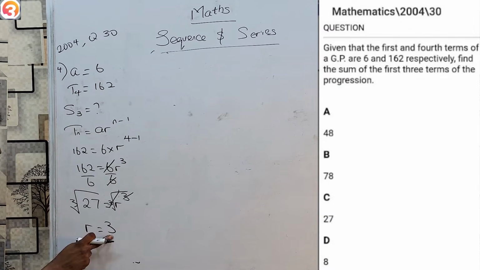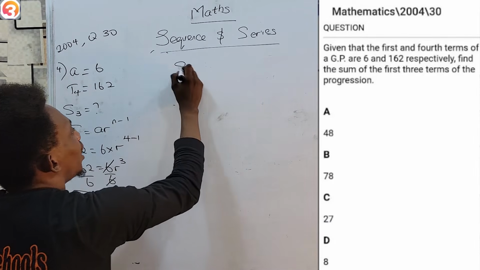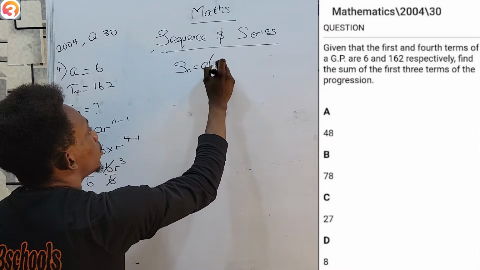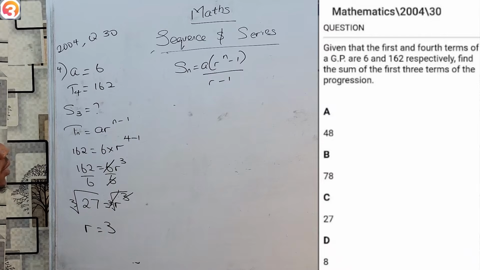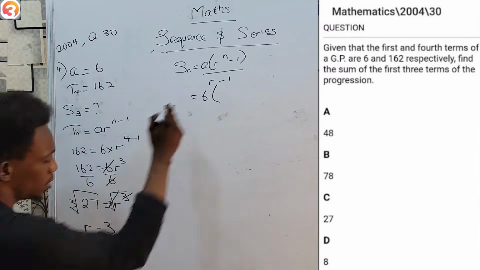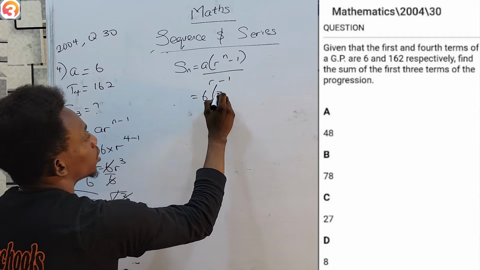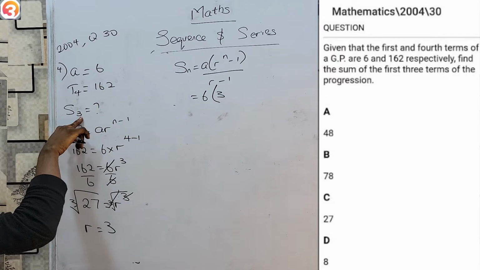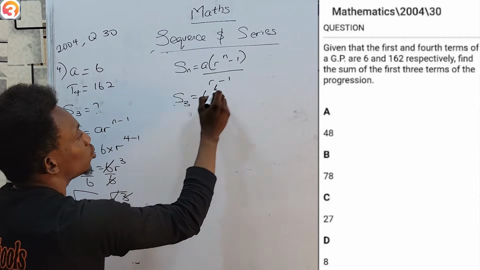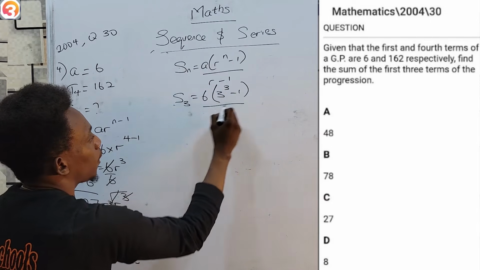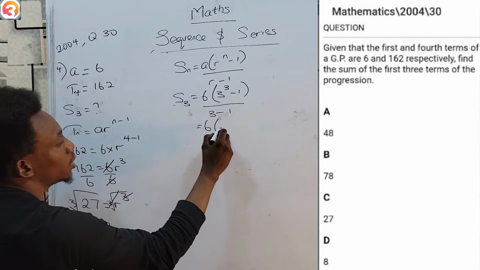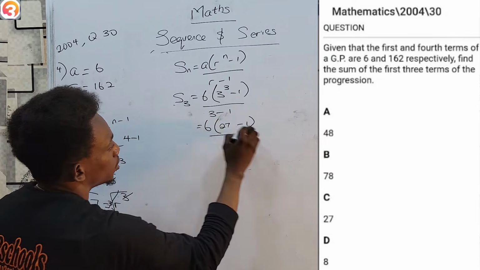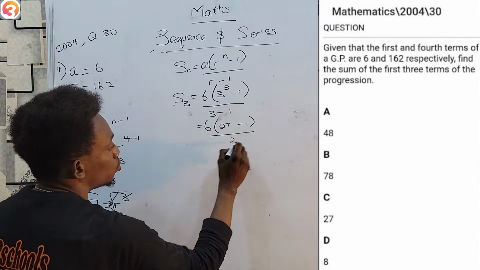You see? So once I know this, again, I look at this, my ratio is greater than 1, and as such, Sn will be A r raised to power n minus 1 over r minus 1. Very easy. My A is 6, r we've gotten to be 3. By finding the sum of the first three terms, which means n is going to be 3, 3 raised to power 3 is 27 minus 1, and 3 minus 1 is 2.